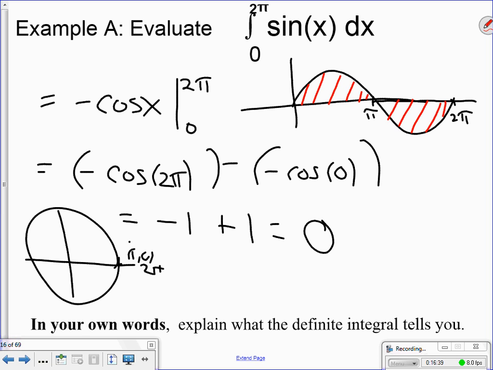So you can get an answer of 0 if you have the same area above as you do below. So that's why we're getting 0. So, in your own words, explain what the definite integral tells you. You need to write something to that effect. The area above minus the area below the x-axis. But you got to be clear, because you're going to get an answer. You want to know what it represents.